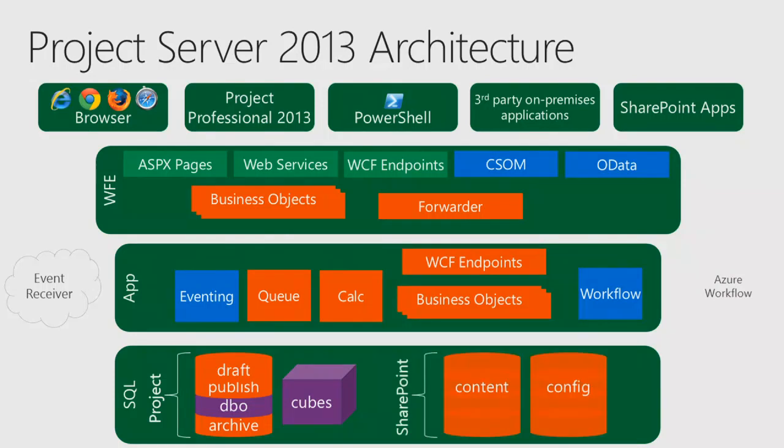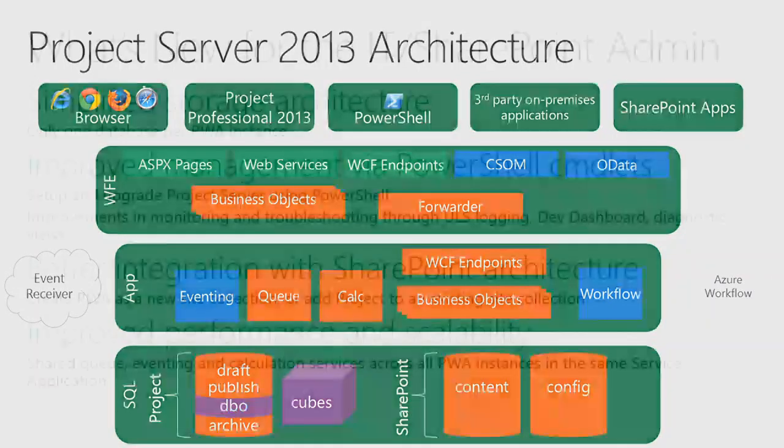And then we have the SharePoint content database and the config database. The config database is where SharePoint stores the service applications, the proxies, the web apps, and everything. And the content DB is where you have the workspaces and everything in SharePoint, like workflows and PDPs that are not in the project DB.